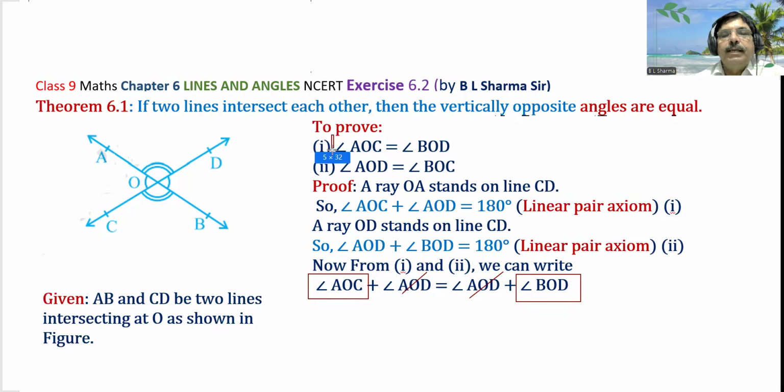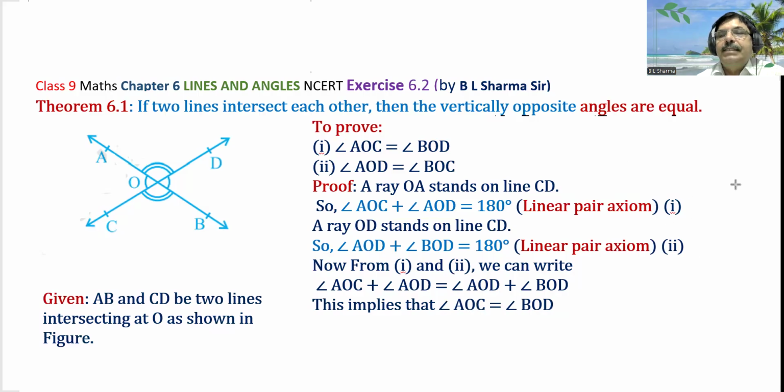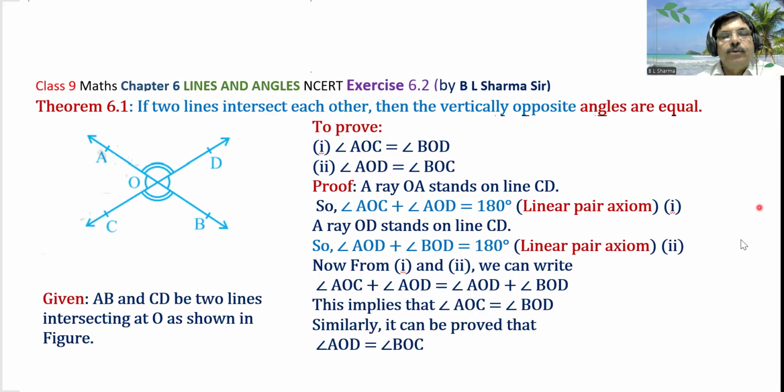This is what we had to prove. See, angle AOC should be equal to angle BOD. So we can write it implies that angle AOC is equal to angle BOD. Means these vertically opposite angles are equal. Similarly, when the process is the same we write similarly, and it can also be proved that angle AOD is equal to angle BOC, means this angle is equal to this angle. That's all for this theorem.